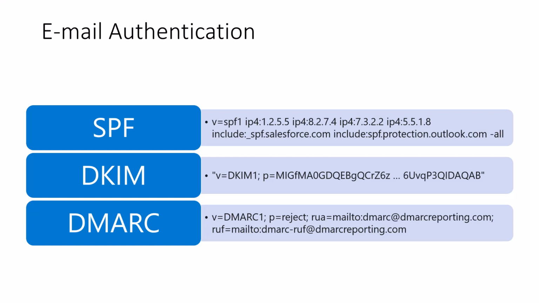So in our example here, we have an include for Salesforce, we have an include for spf.protection.outlook.com, and some IP addresses. This means that in the example here, we allow our domain to be used from these IP addresses that are allowed to send on behalf of our domain, and also Microsoft 365, of course, and then Salesforce can actually send emails out with our email as an alias.